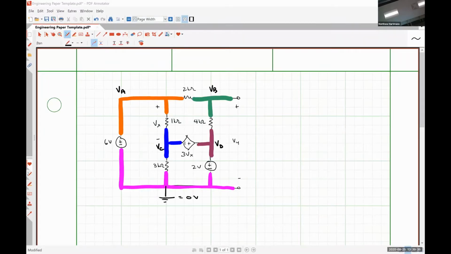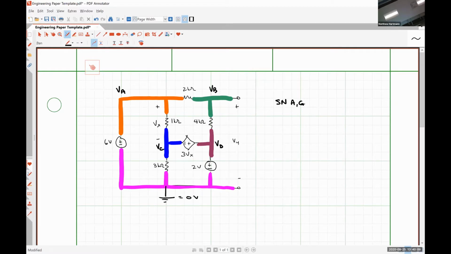Alrighty, so this circuit contains voltage sources. Anytime we have a circuit that contains voltage sources, whether they are independent voltage sources or dependent voltage sources, a supernode is going to be formed between the two nodes that are connected to the terminals of the voltage sources. So in this case, we're going to have a supernode, let's call it AG.